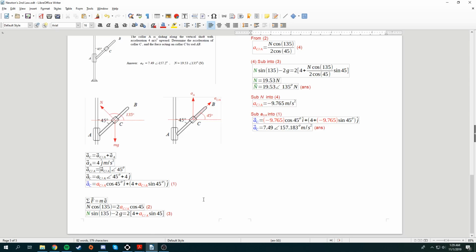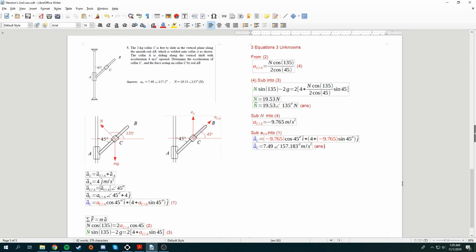So just look at the workings over here. So over here we will realize that we have 3 equations and 3 unknowns, and hence we can solve all 3 unknowns.